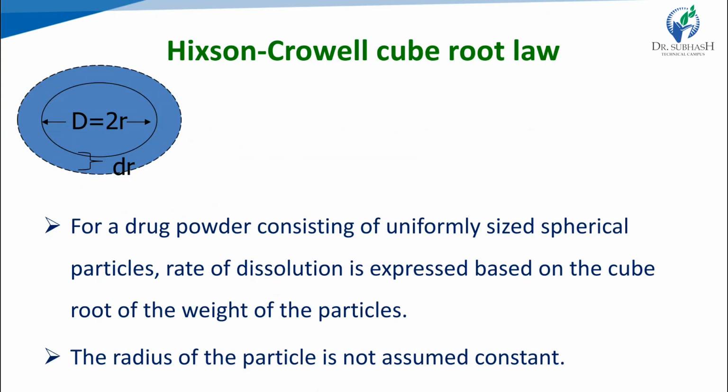The theory is for a drug in powder form, consisting of uniform spherical particles, and the rate of dissolution is expressed based on the cube root of the weight of the particles. So the radius of the particle is not assumed constant. With time, the radius of the particle decreases.